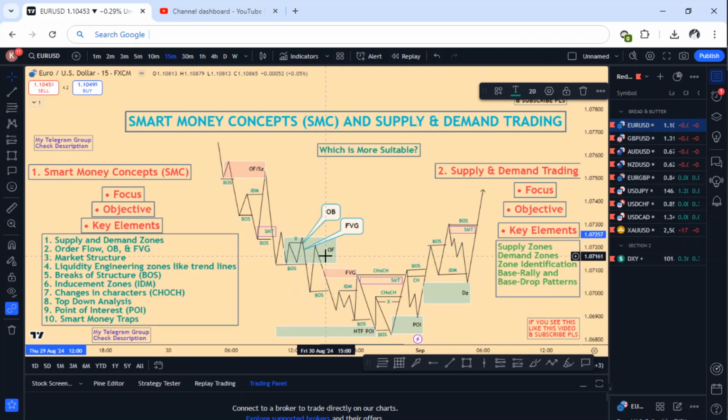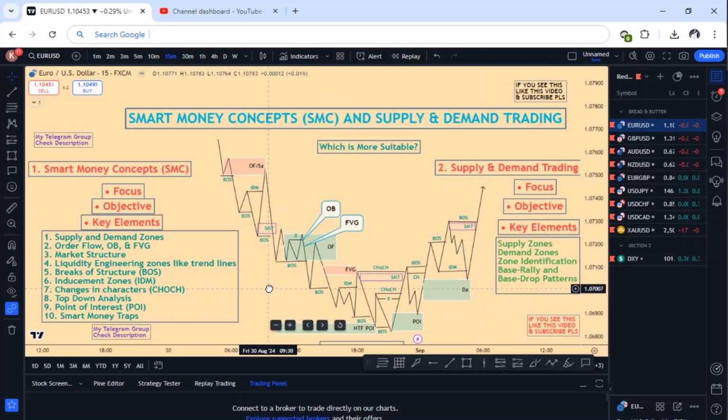So a base is just a consolidation area before a strong move up, rally, or down, drop. The base is the zone of equilibrium before an imbalance creates a significant move. Now traders look for price to return to these bases as potential entry points.